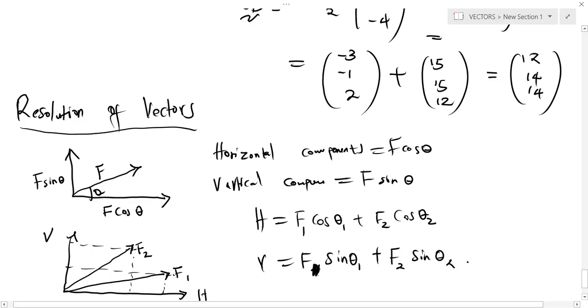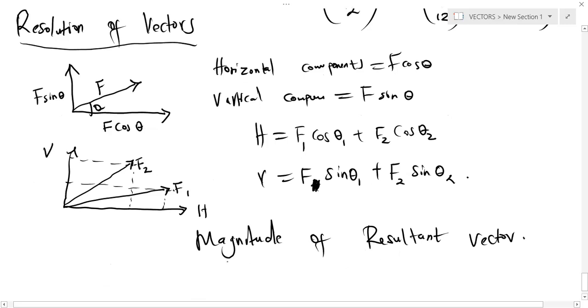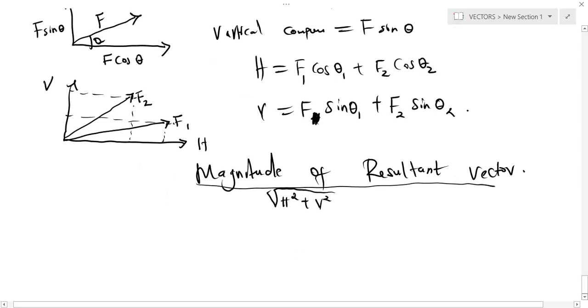After resolving, we get the magnitude and the angle of the resultant vector. The magnitude of the resultant vector is given by the square root of h squared plus v squared, that is, horizontal component squared plus vertical component squared, then you take the square root.